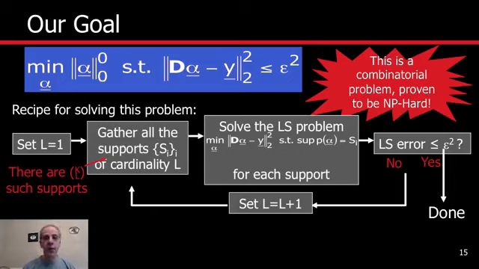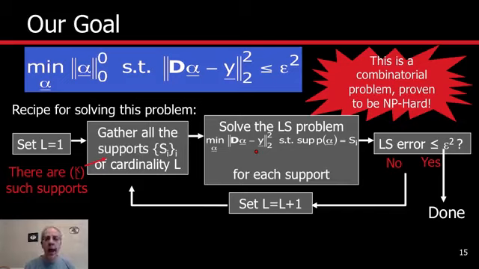So we have just tried with L equal 1. Now let's try with L equal 2. So we pick all the possible supports that have two active, two non-zero coefficients. So we say, okay, how can I approximate the signal Y with the first and second atom together, or with the first and third atom together, or with the 7th and the 25th atom together?